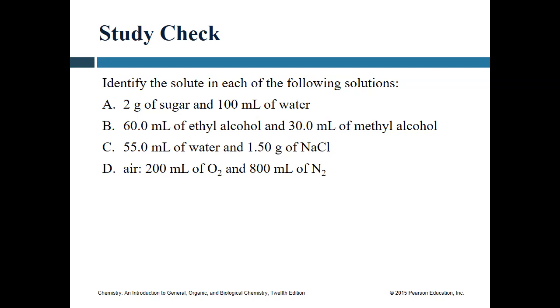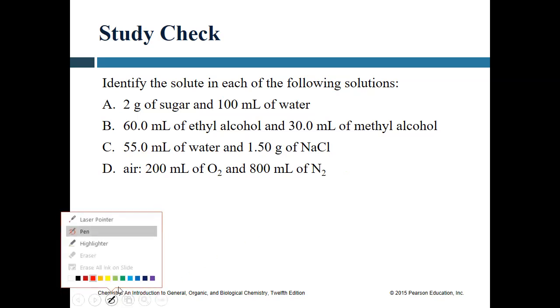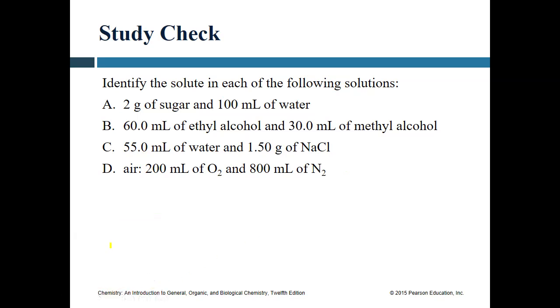So let's take a moment here. This is kind of a review of this first section, this introductory section here in chapter 9. In each of these samples, I've got a couple of different components. We need to identify the solute in each case. So if I have 2 grams of sugar or 100 milliliters of water, which one would be the solute?